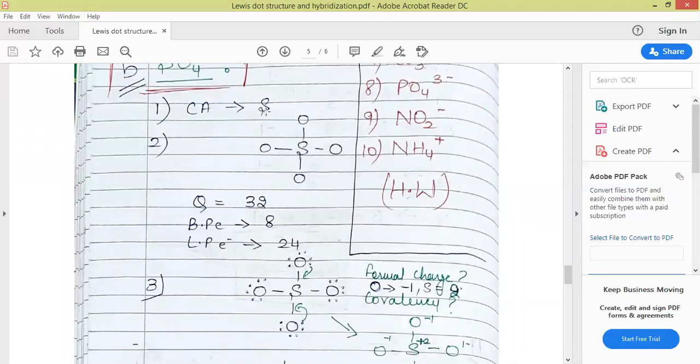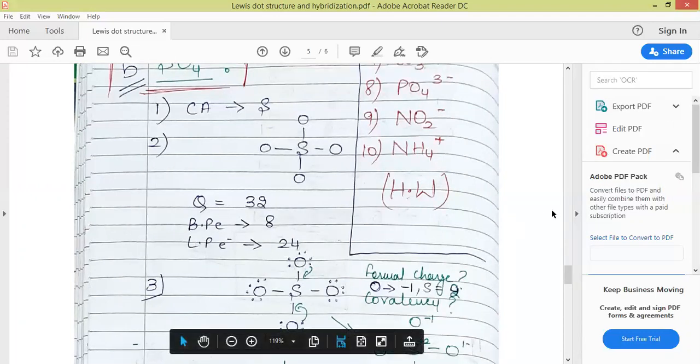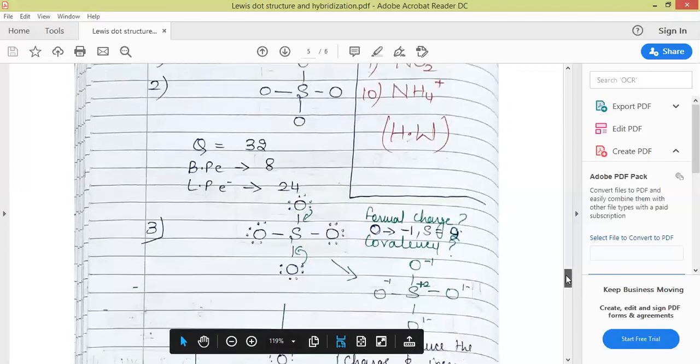So next we have SO4 2 negative. Central atom sulfur, 4 bonds with each oxygen. Q is 32, bond pair electrons 8, as there are 4 bonds, so lone pair electrons are 32 minus 8, 24. We give the 24 lone pair electrons, 6 electrons to each oxygen.